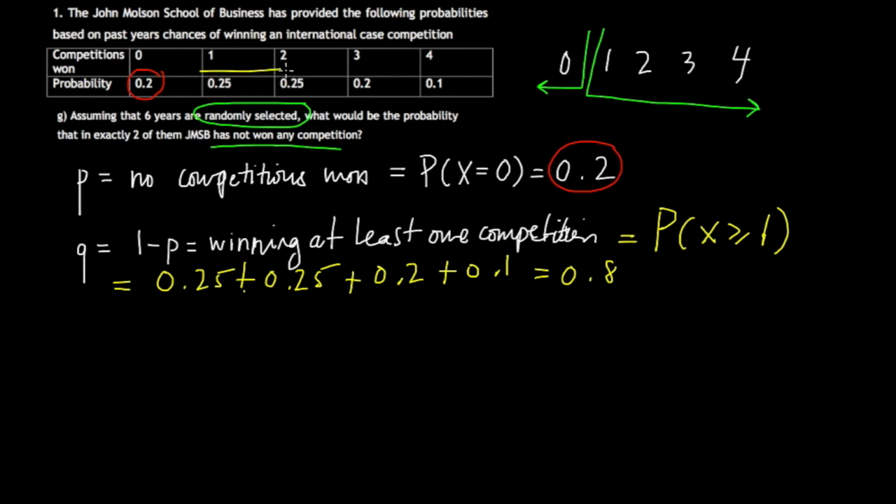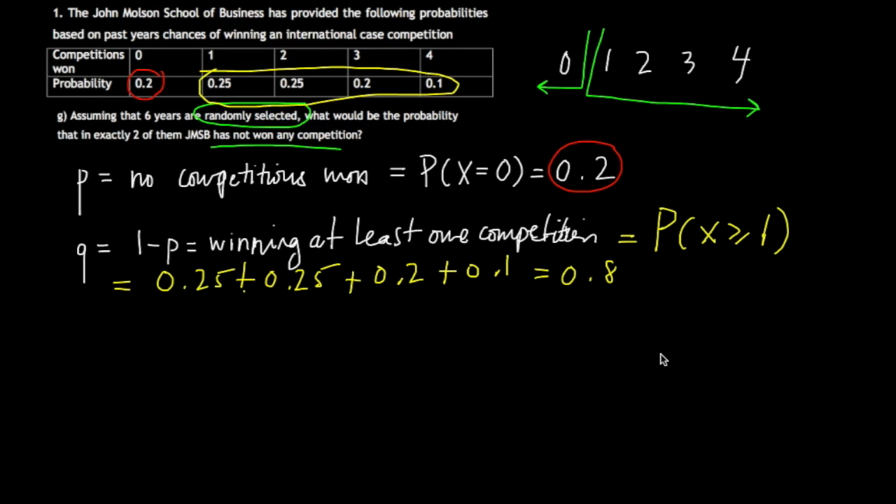Okay, so that's this right here, which is also this right here. Now I have both my P and my Q, so my binomial, my two outcomes, my two probabilities: winning at least one competition and winning 0.